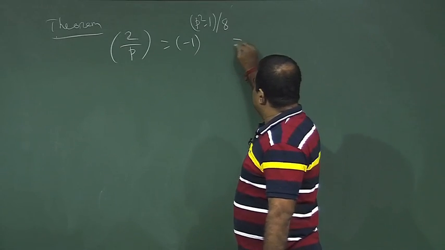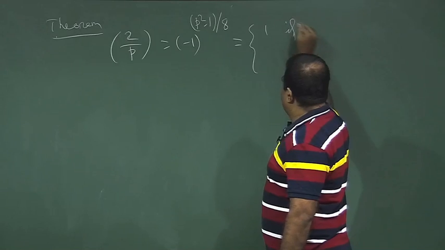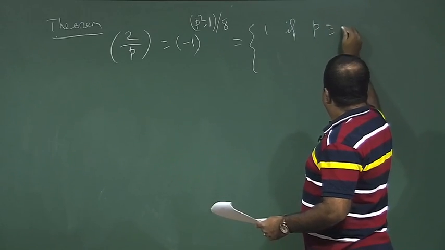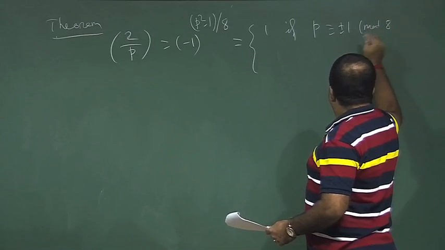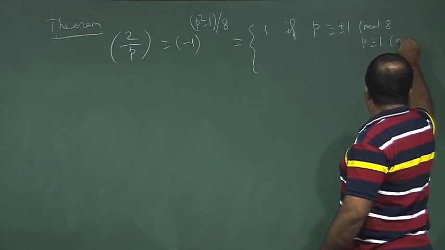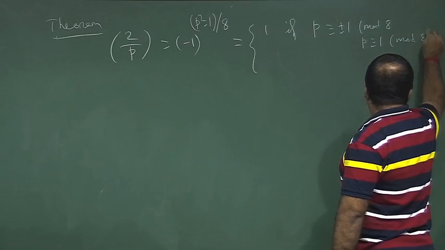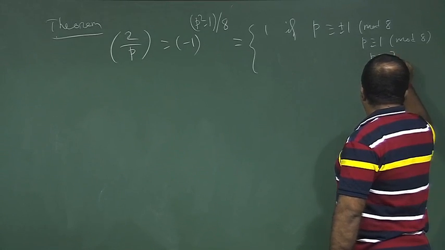This is 1 if p is congruent to plus or minus 1 mod 8, that means p is congruent to 1 or 7 mod 8, and minus 1 means p is congruent to 3 or 5 mod 8.